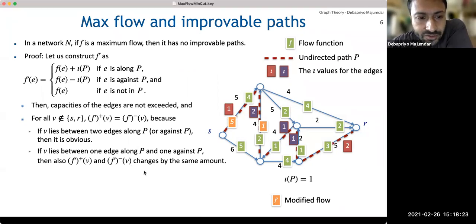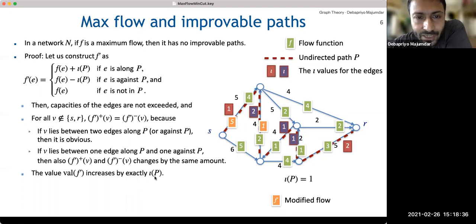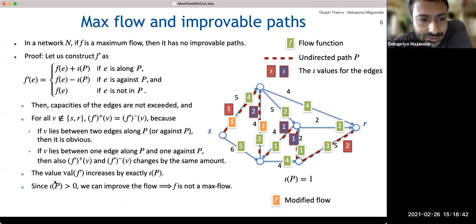Okay, so then the total value of f prime increases exactly by iota of p, because from the source, that's what is happening, right? And then since iota of p is greater than 0, we can improve the flow, and f is not a max flow.